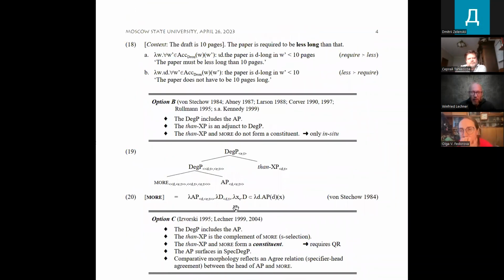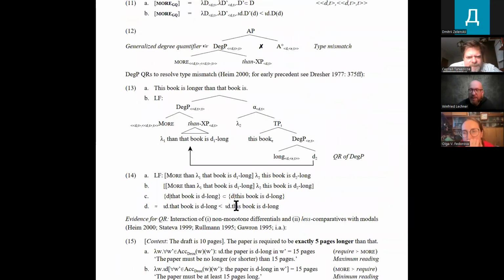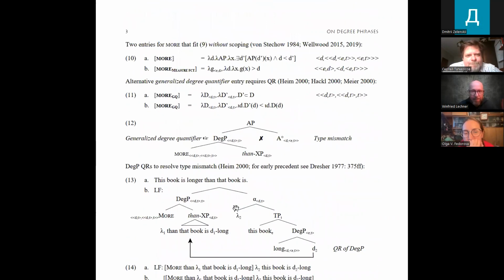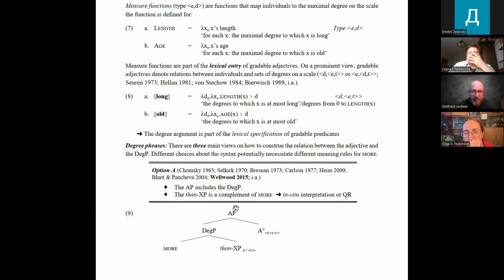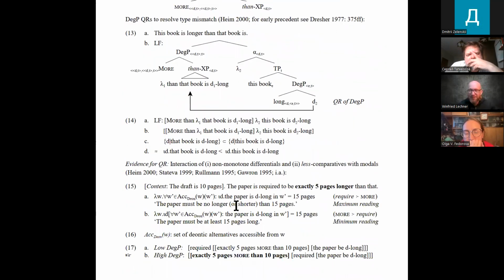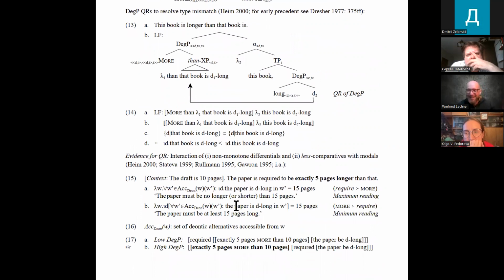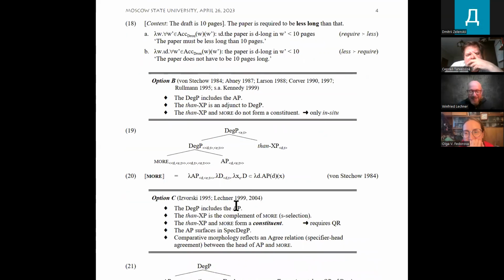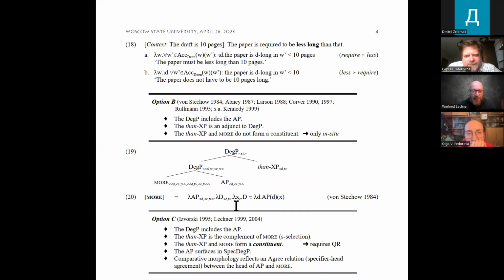Can we go back? Okay, so we talk about the synthetic forms of "longer". Yeah. And your observation was, can you please repeat, because I was still stuck at the multi-headed parts, and I was thinking you were referring to examples A and C. Anyway, can you briefly run me through that again?